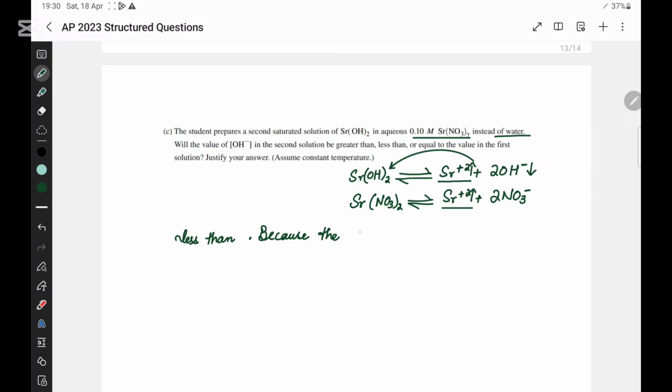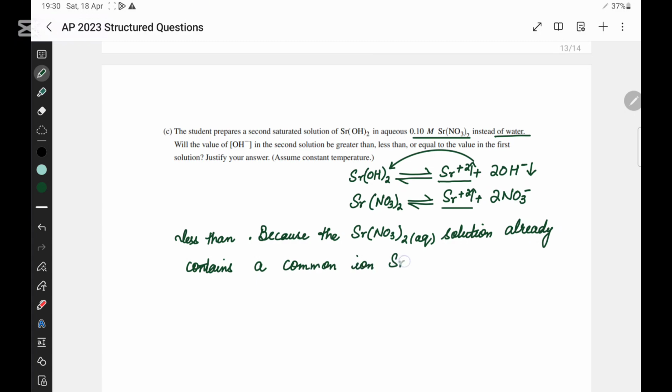Because the strontium nitrate aqueous solution already contains a common ion, which is strontium ion.